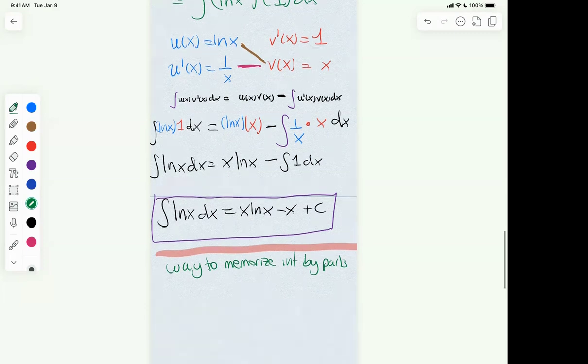It's kind of like the ultraviolet voodoo trick.